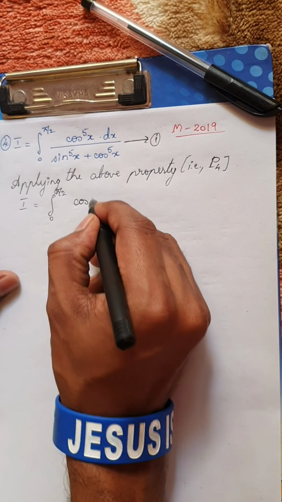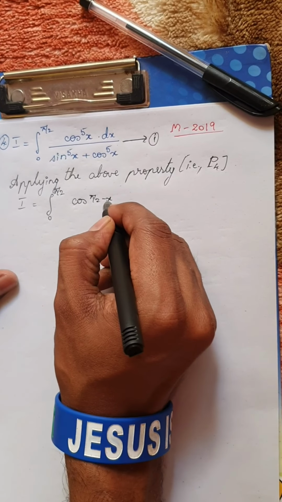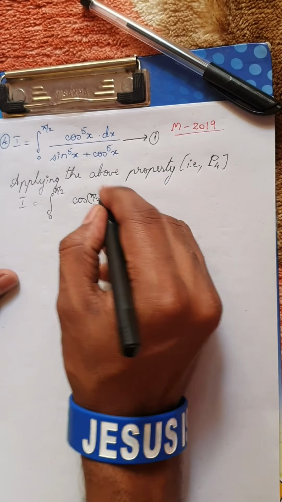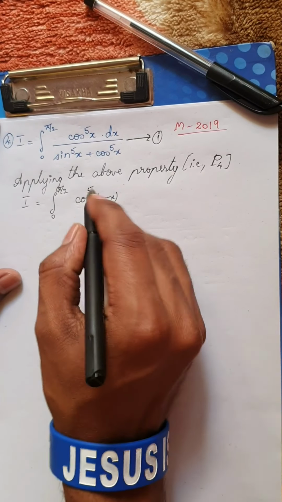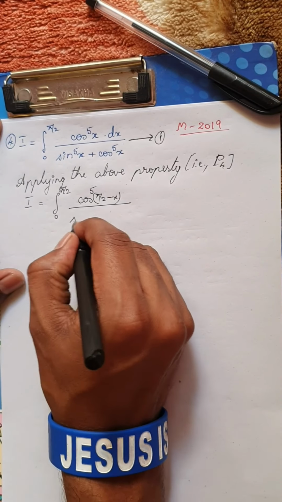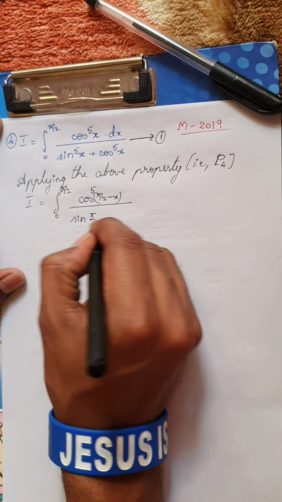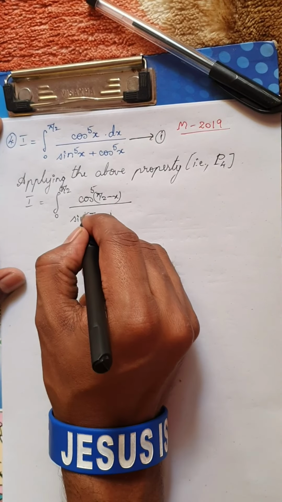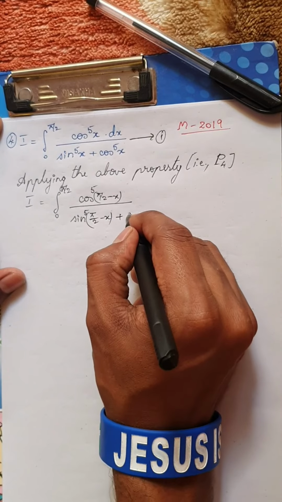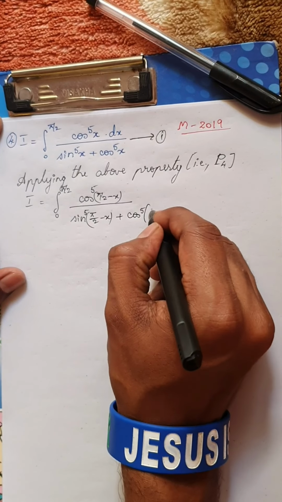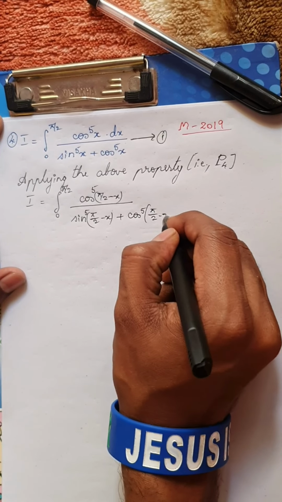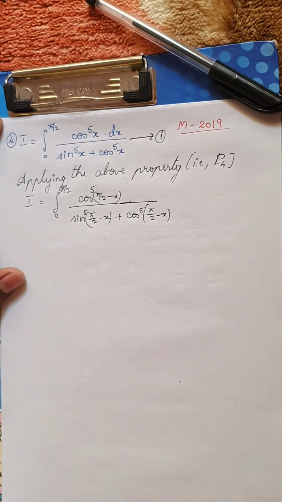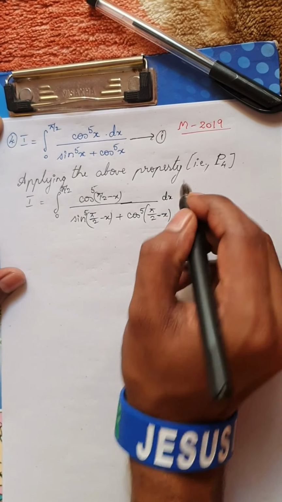So it would be cos of (90 minus x, that is pi by 2 minus x) power 5, divided by sin of (pi by 2 minus x) again power 5, plus cos power 5 of (pi by 2 minus x), and this is dx.